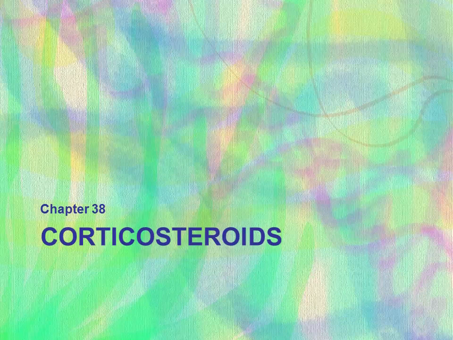Now, corticosteroids are released by the adrenal glands. There are two types of corticosteroids that the adrenals release. We have mineralocorticoids and glucocorticoids, and they each have a different function.